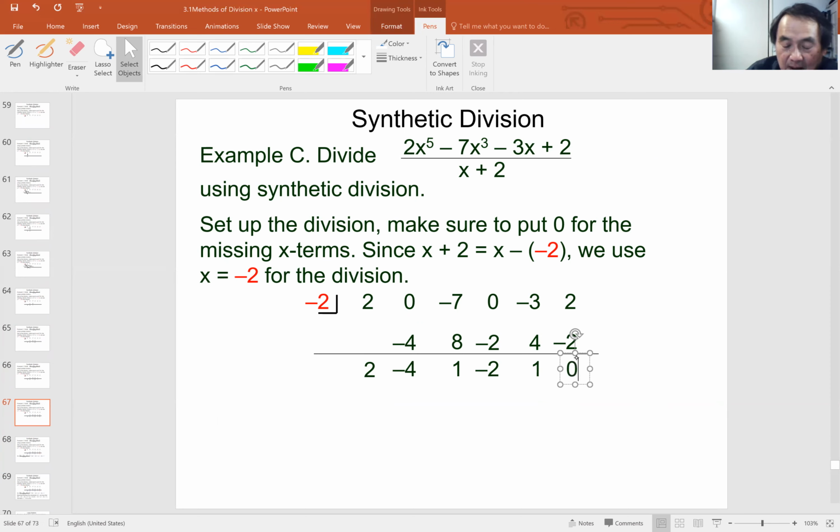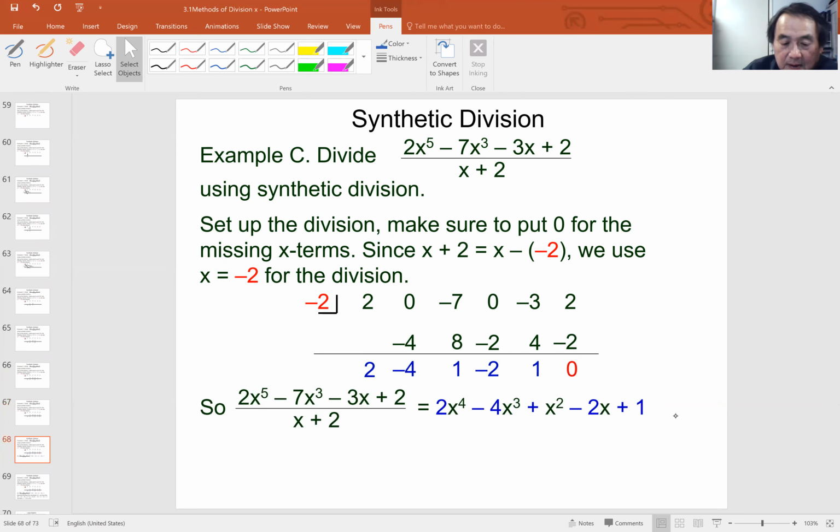Let's put the answer back. That means the polynomial divided by x plus 2 is, going backward, 1 minus 2x, x squared, x cubed, x to the fourth, and then plus 0 over x plus 2.